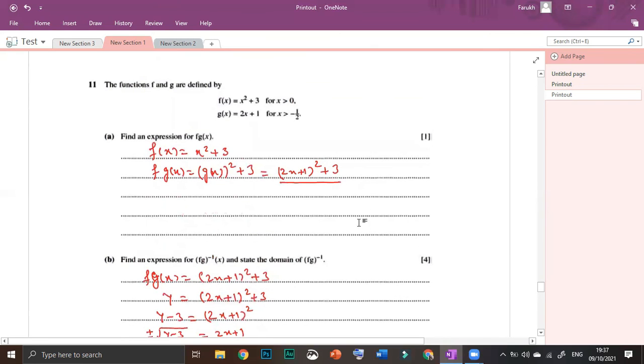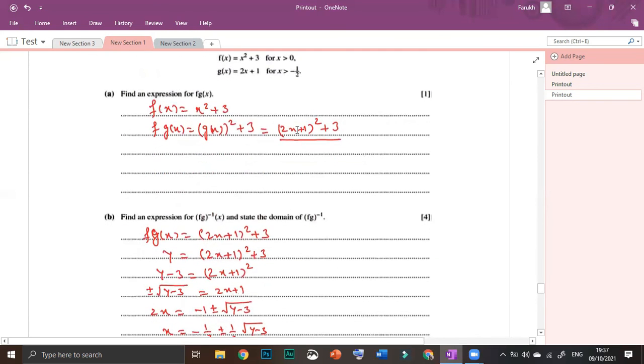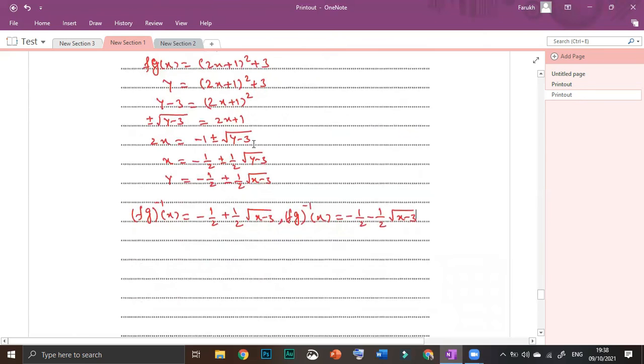Now in the above given domain, x is greater than 0 and x is greater than minus 1 by 2. So we will accept x is greater than minus 1 by 2, that is minus 1 over 2 plus 1 over 2 under root x minus 3. This one is not applicable.